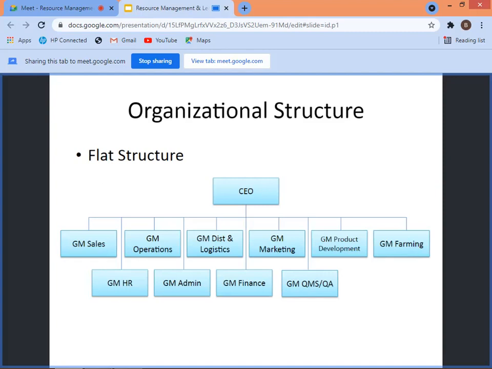You need partnership also. You need to get partners, business partners, investors to invest for you. Okay, so this is the problem with it. This is the drawback. CEO is having problems now because he's not only dealing with sales, he's also dealing with operations, logistics, marketing and development.